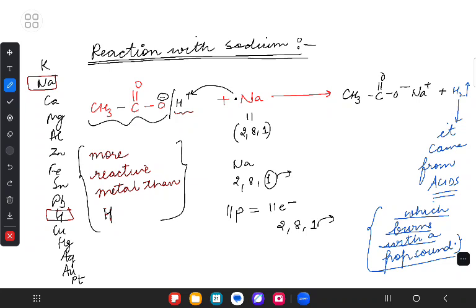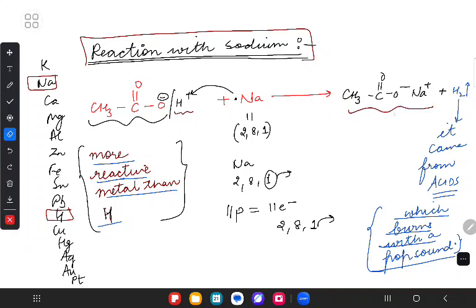So we have a more reactive metal than H. We have the reaction with sodium. Understood or not?